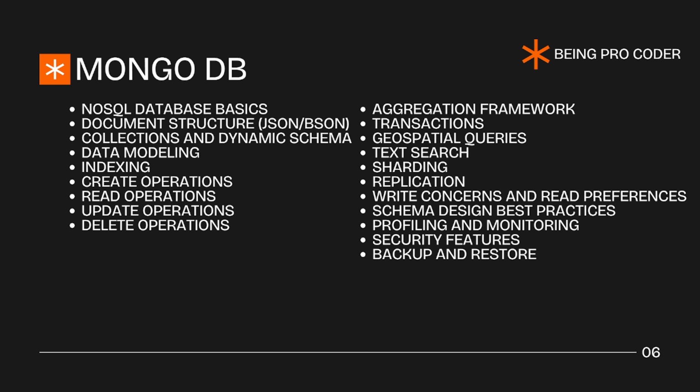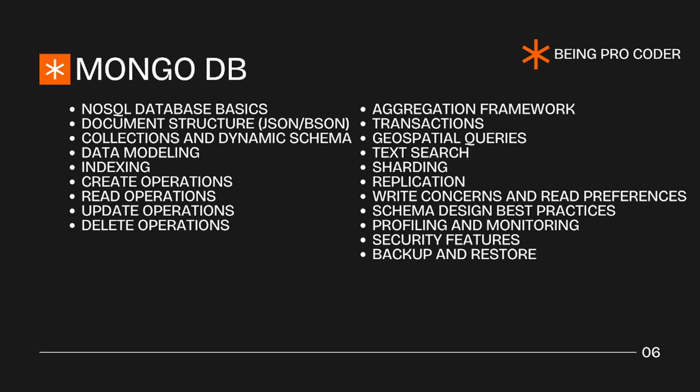Write concerns and read preferences: write concerns determine the write guarantee, and read preferences determine how data is read. Schema design best practices are guidelines for creating optimal data storage, such as embedding or referencing the data. Profiling and monitoring are like tracking and analyzing the data performance.